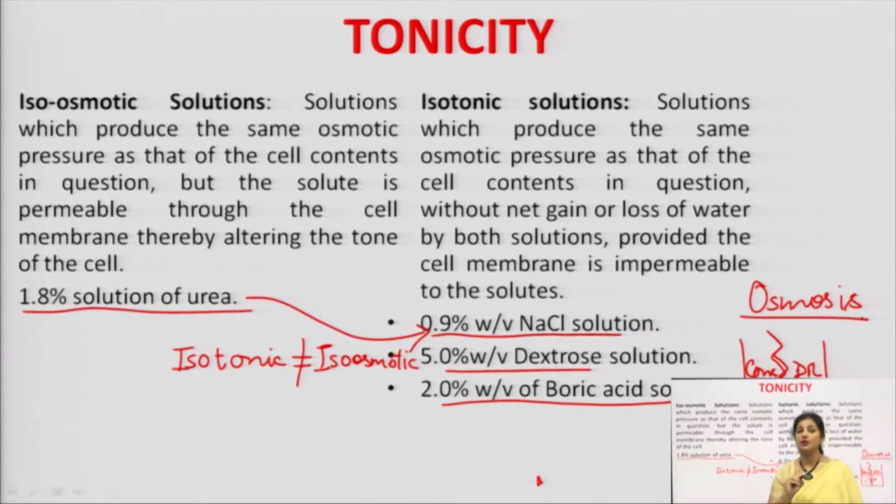They have the same osmotic pressure, but the 1.8% solution of urea causes hemolysis, whereas 0.9% weight by volume solution does not cause hemolysis because it is isotonic. They both are isoosmotic, but they both are not isotonic.